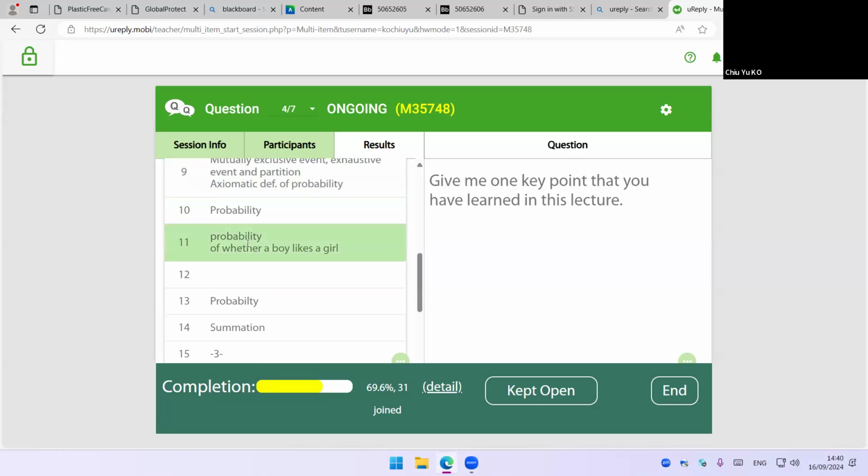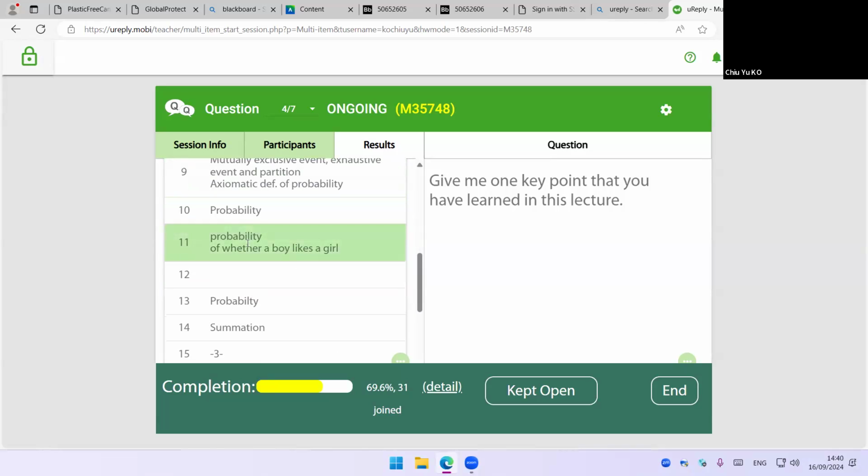Take the probability of whether a boy likes a girl. You cannot run an experiment for that, right? Say there's a girl there, and whether she likes me or not. You cannot run an experiment unless you go to multiple universes, ask her, and calculate the ratio. But given our technology, we cannot do that.